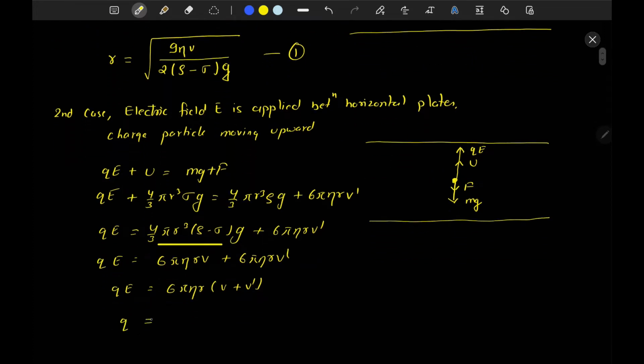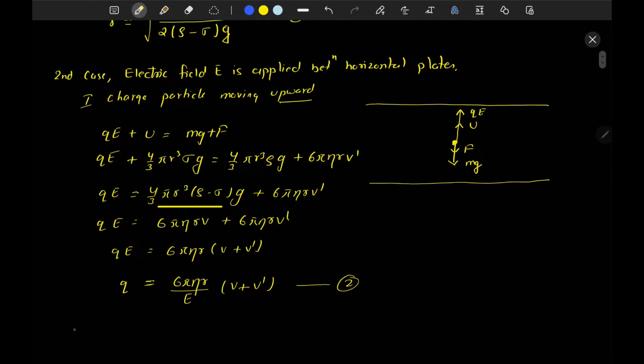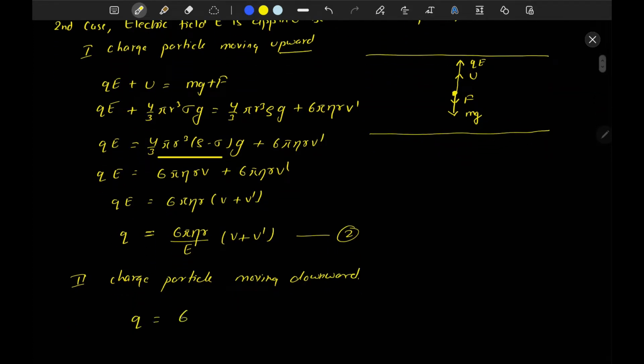Finally, the charge on the oil drop is equal to 6 pi eta r by E into (v plus v dash). This is the equation if the charged particle in the presence of an electric field moves upward. Similarly, if the charged particle in the presence of an electric field is moving downward, then our formula will be Q is equal to 6 pi eta r by E into (v minus v dash).